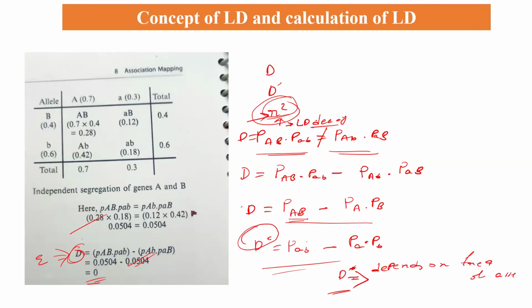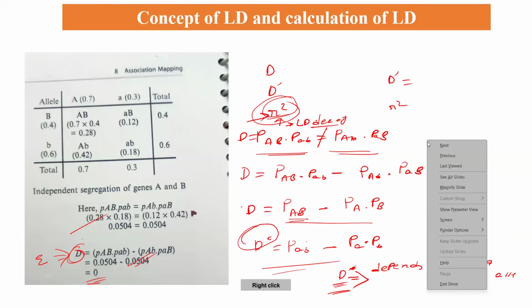So this is not suitable for the linkage LD analysis. The most important is to use the LD dash and the r square. First, I will explain the D dash formula in the next slide. Okay, first the D dash formula.